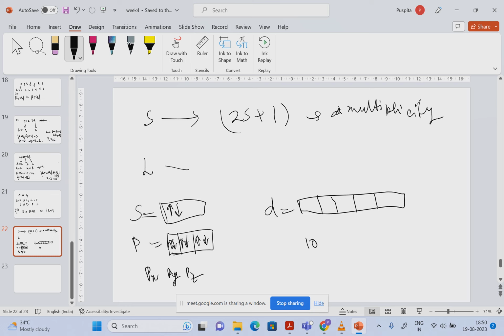So the multiplicity for L is also 2L plus 1. For S, L is equal to 0, this is 1. For P, this is 3. For D, that is 5. Right. So what will be the multiplicity for J?